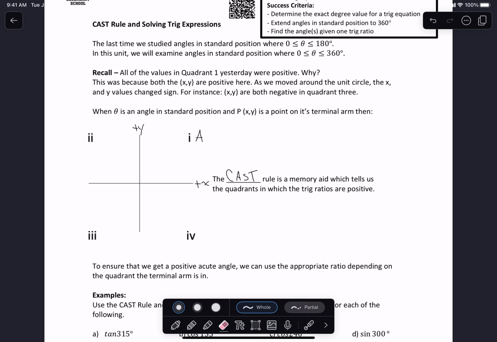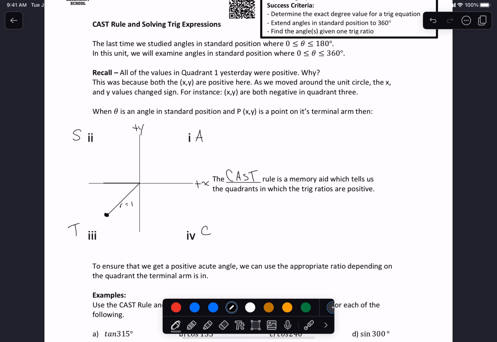And so when we moved around, we developed the CAST rule. Down here in quadrant 4, cosine was positive. Sine was positive in quadrant 2. And tangent was going to be positive in quadrant 3. Again, purely from the signs of the points. In this case, what we're going to look at today is this unit circle, where this is equal to 1.